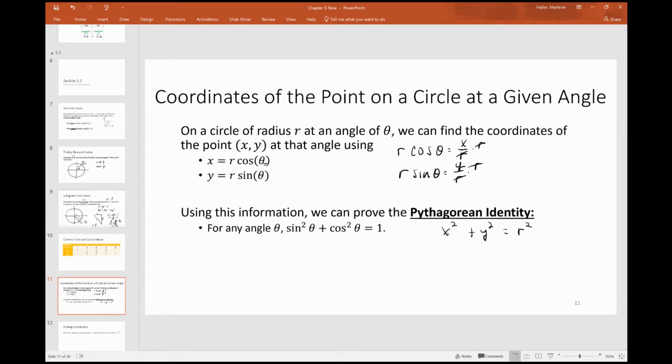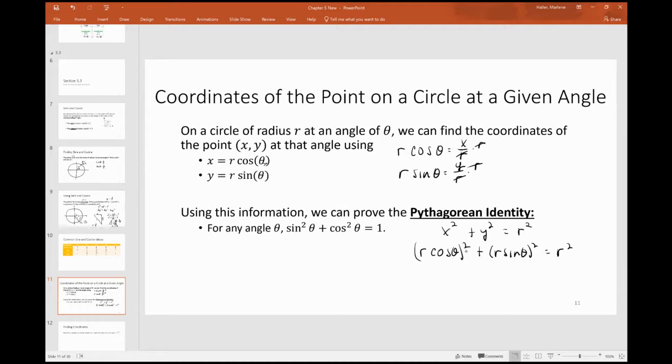Given that, and since x is now defined as r times the cosine of theta, we can substitute r times the cosine of theta in here for the x, so we have r cosine theta squared. For y, we'll substitute r sine theta in, plus r sine theta squared is equal to r squared. Now let's simplify.